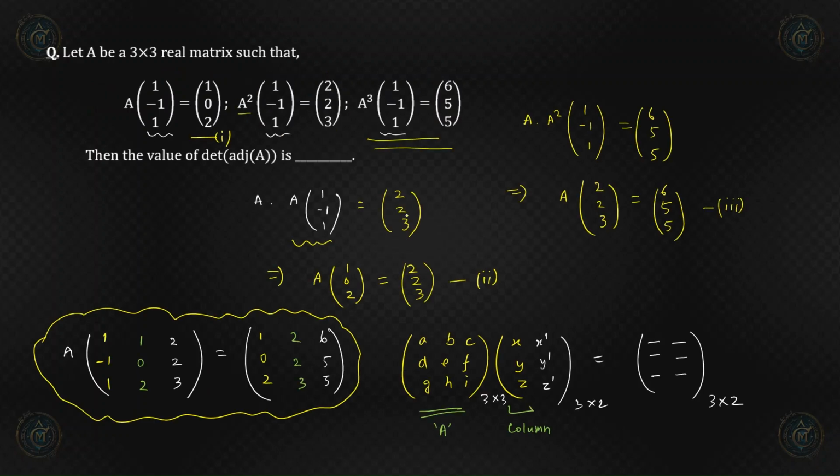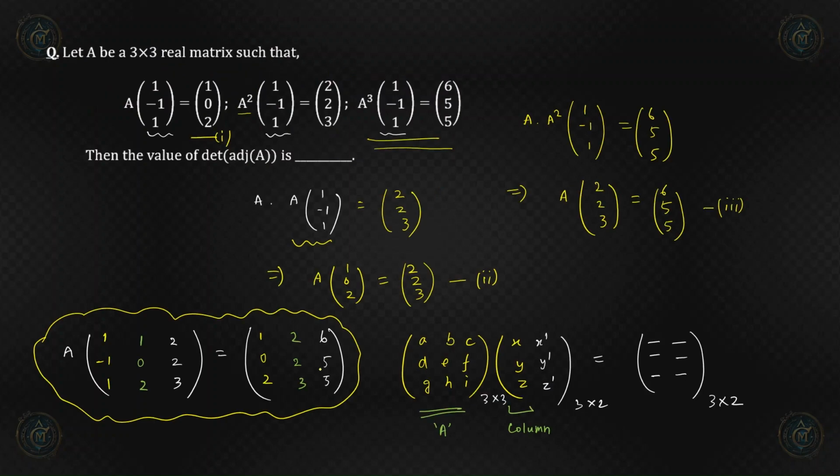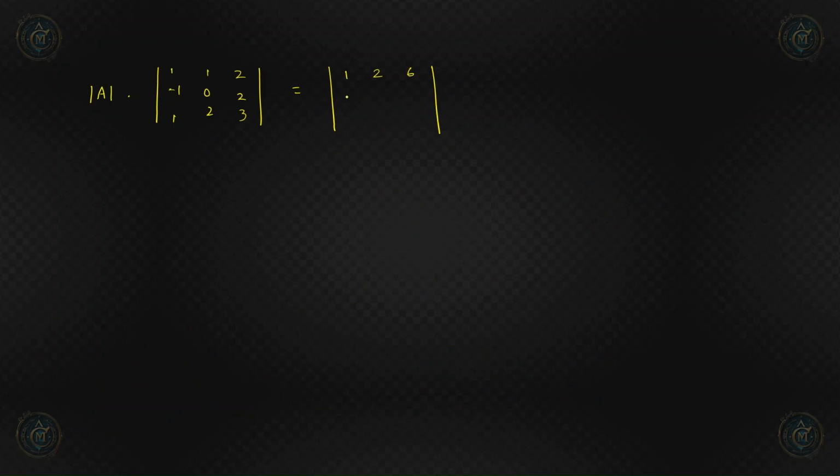This will be equal to the determinant of this matrix, which is 1 2 6, 0 2 5, 2 3 5. Here this last entry will be 5, so this will be 0 2 and 5, then we have 2 3 and 5.